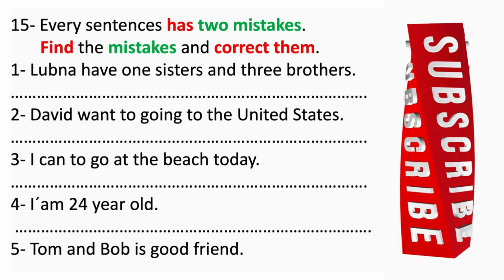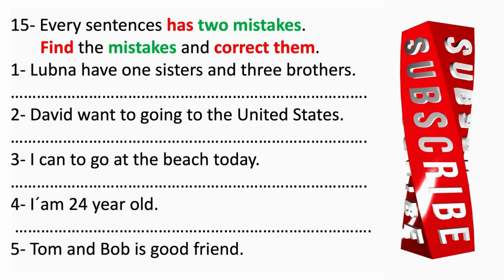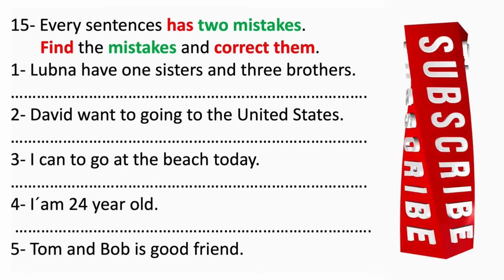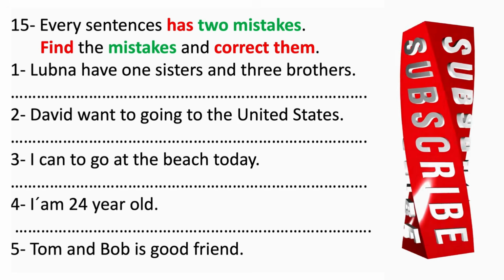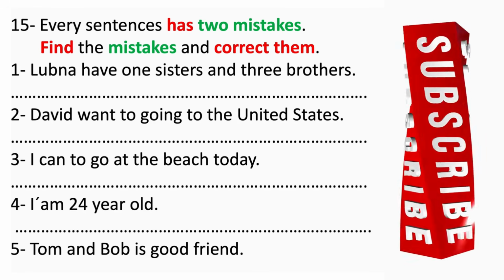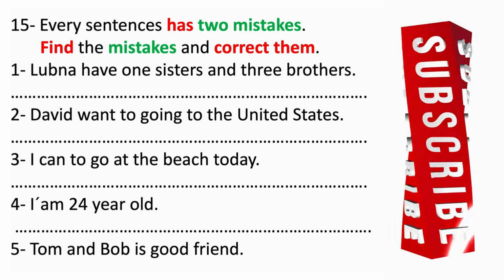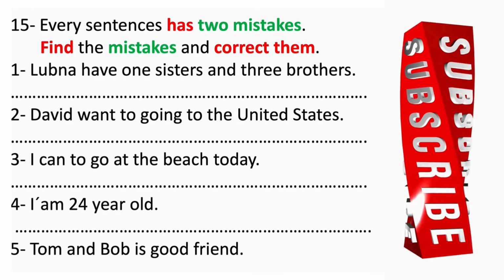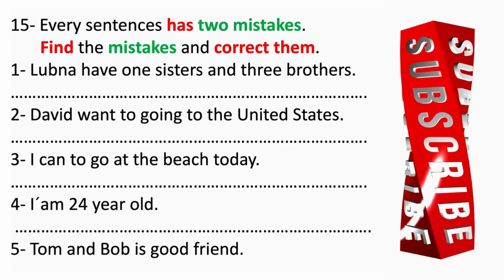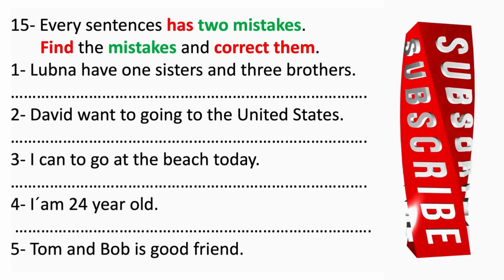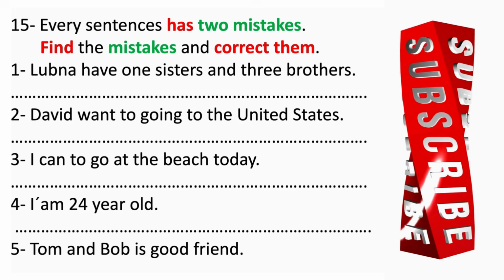In slide number 15, every sentence has 2 mistakes. Find the mistakes and correct them, or spot the mistakes and correct them. Sentence number 1. Lubna have 1 sister and 3 brothers. Let's find the mistakes.